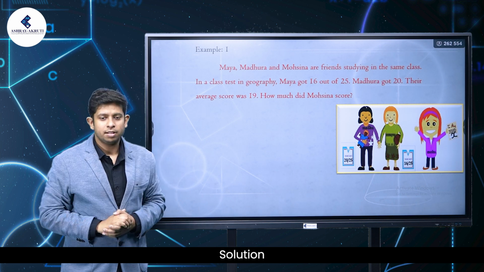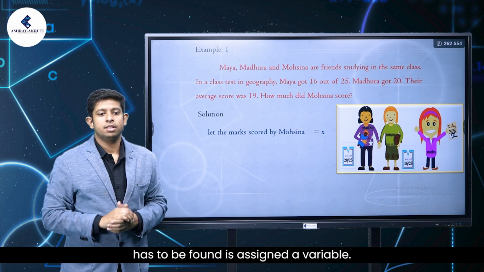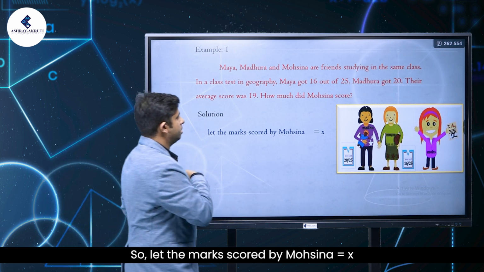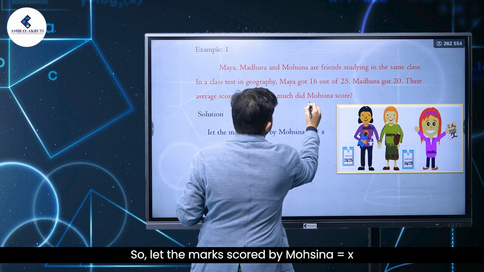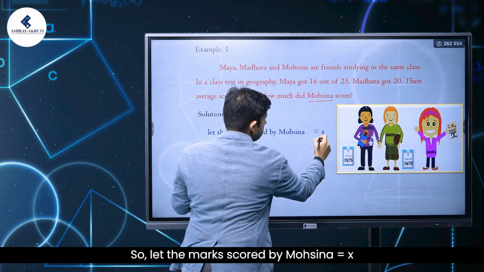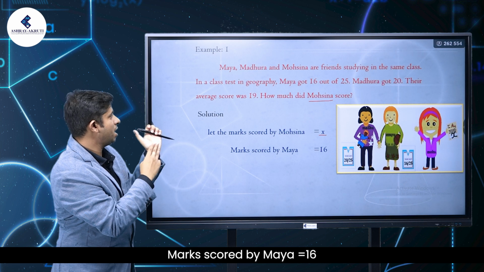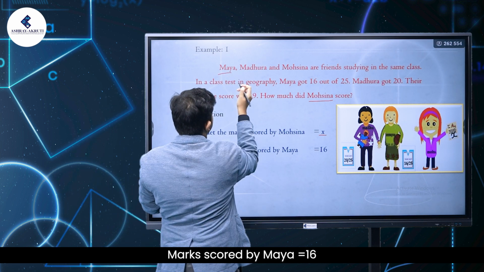Solution. The value that is not known or has to be found is assigned a variable. So let the marks scored by Mosina be x. Marks scored by Maya is equal to 16.